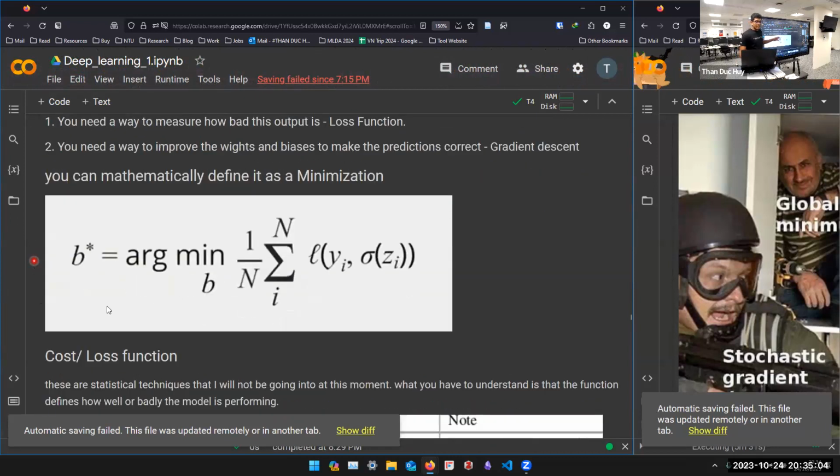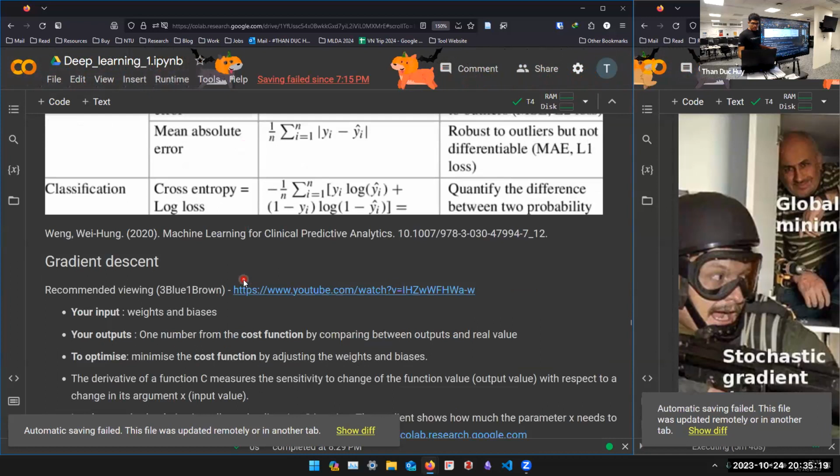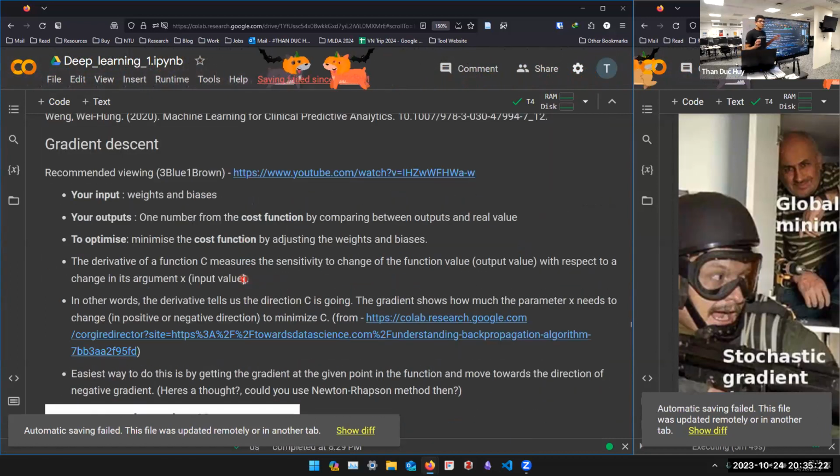So first we mathematically define what our goal is, and then we spoke about the cost/loss function, where we actually compare the output of the model with the label. And then we talked about how you can minimize a function, you find the minimum value of the function, right? The loss function shows you how badly the model is messing up, and you have to reduce it as much as possible for the model to perform well.